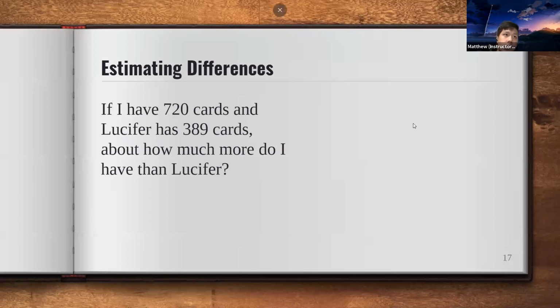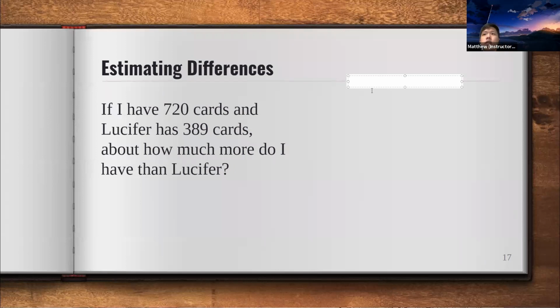So, that's the main difference, as I said with this, you have 720 cards, 389. About how much more do you have than Lucifer? But let me make another question here right now. Say I have 483,987, and you have 976,352.